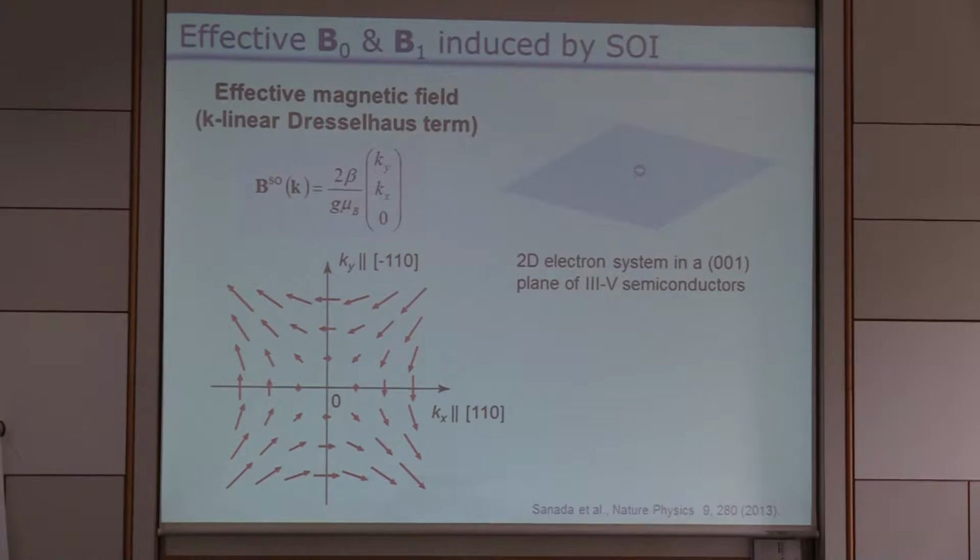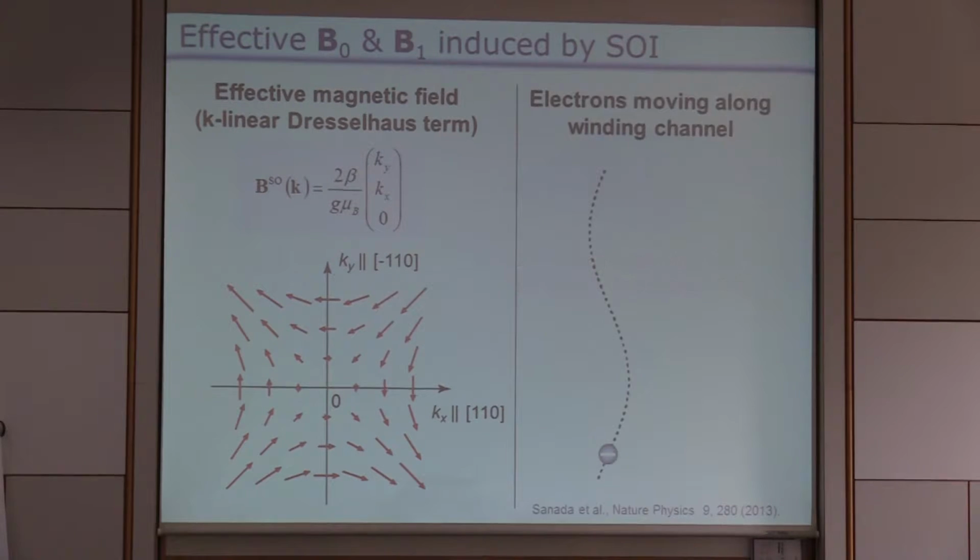To simplify the model, we assume the k-linear terms of the Dresselhaus spin-orbit interaction in a (001) plane of III-V semiconductors. So we can plot again the effective magnetic field, and we consider electrons moving along a winding channel like this. This electron has momentum vectors that oscillate like this.